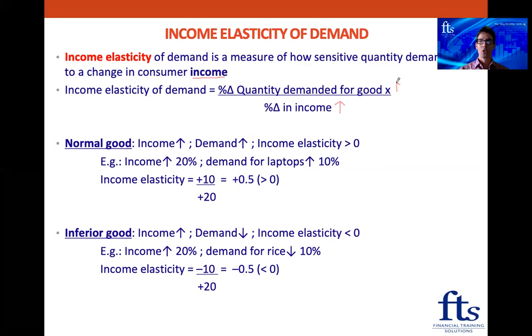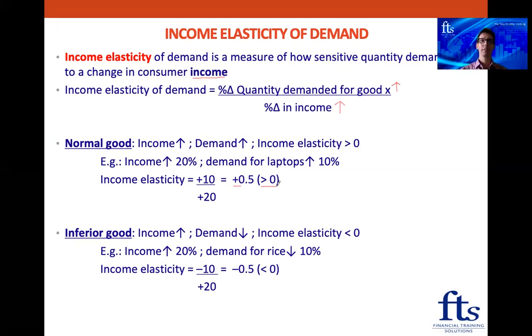So what have we got? We have got a positive in the numerator. We've got the demand for laptops going up in the numerator by 10%. We've got income going up in the denominator by 20%. So we've got a positive divided by a positive, which is a positive. So that's why we've got income elasticity is positive when we have a normal good.